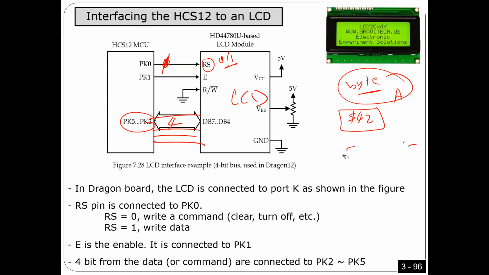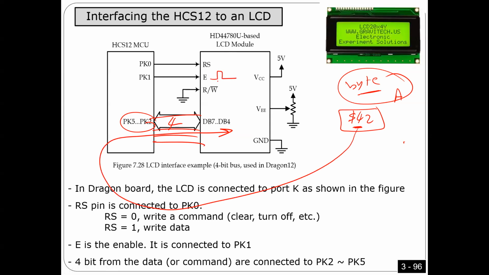So I'm going to send 4 bits, I think the most significant first. So you have to send the 4 bits, and then you have to generate, as you will see right now, a signal like this one on the enable, in order to notify the LCD to take these 4 bits.